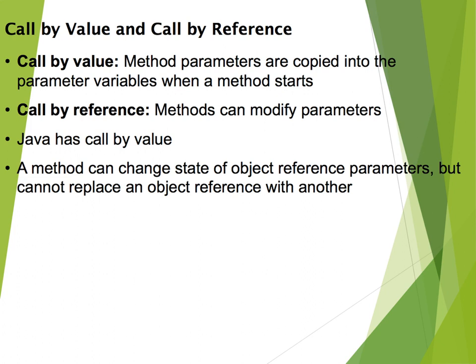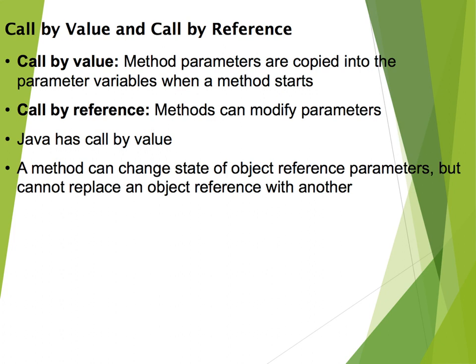When a method can modify its parameters, we say we have call by reference. If a method cannot modify them, then the method call is a call by value, not by reference. So Java has call by value.